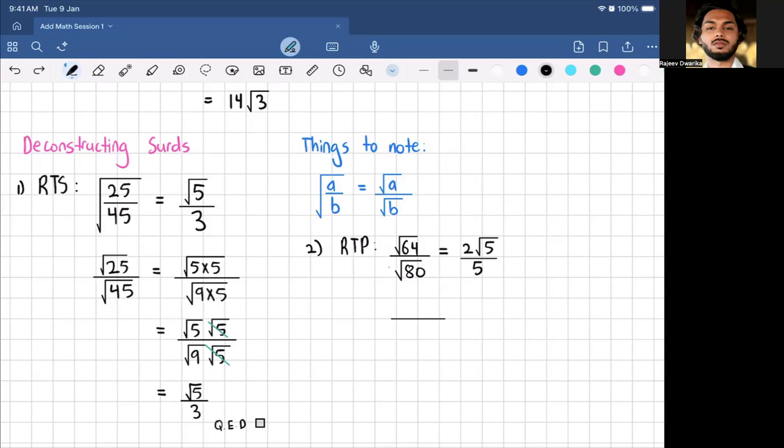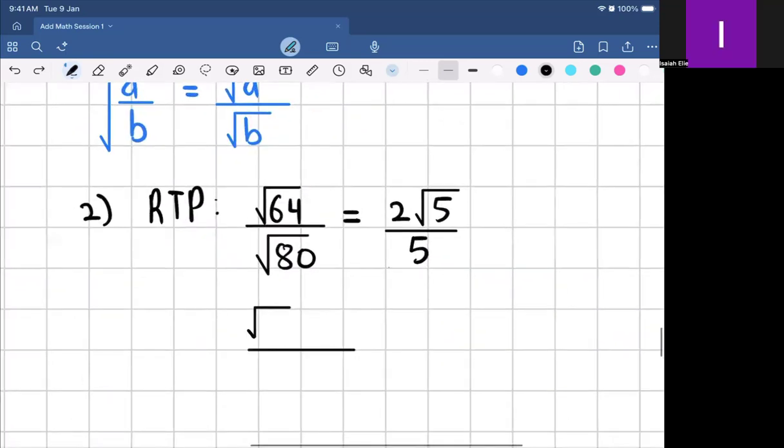All right. Isaiah, you want to help me with question two? That would be root 16 times 4, okay, root 16 times 4 over root 16 times 5.